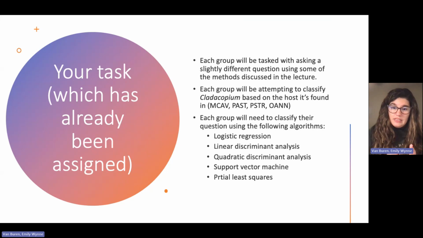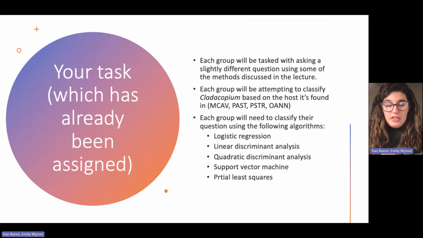So you could be assigned to MCAV, PAST, PSTRIG, OAN. Each group is going to need to classify their questions, so MCAV to the gene expression of the symbiont, using the following algorithms: logistic regression, linear discriminant analysis, quadratic discriminant analysis, support vector machine learning, and then partial least squares.